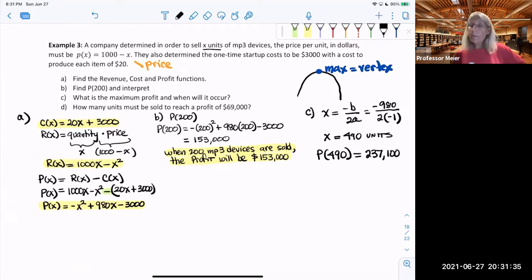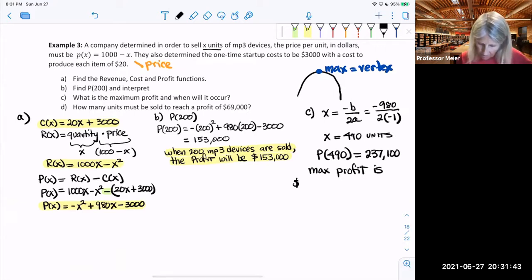So that's my max profit. So max profit is $237,100 when 490 units are sold.